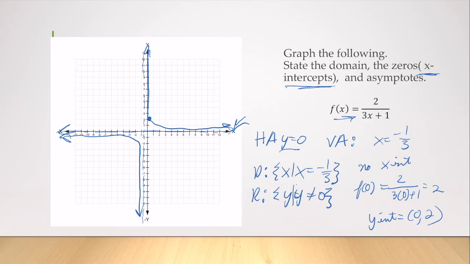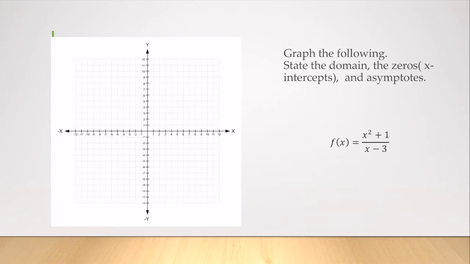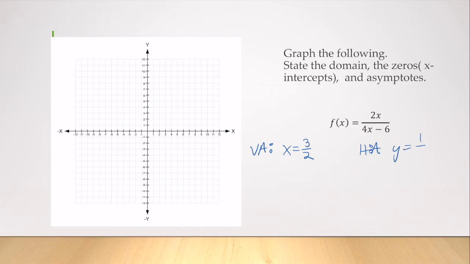Let's graph two more. So I found a vertical asymptote at x equals 3/2 and a horizontal asymptote at y equals 1/2. So here's my vertical asymptote.